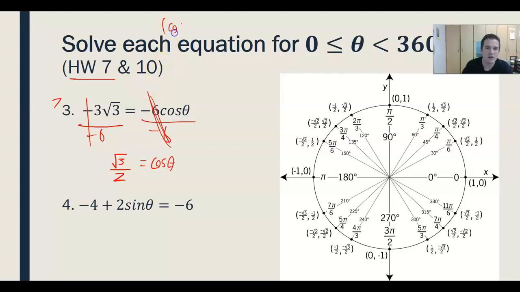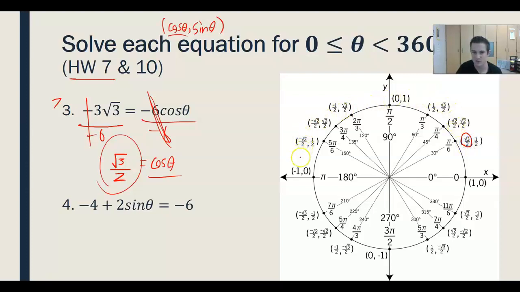Okay, well, the coordinates on my unit circle match up with the sine and cosine values. So I'm looking for, on the outside here, a cosine value that's the square root of 3 over 2. A positive square root of 3 over 2. Okay, well, cosine values are the x-coordinates, so I'm going to look for the x-coordinates where I have the square root of 3 over 2.